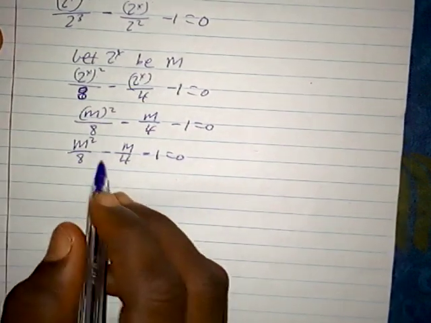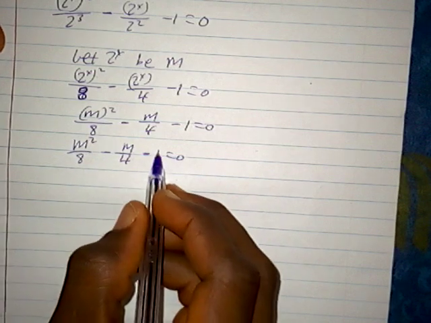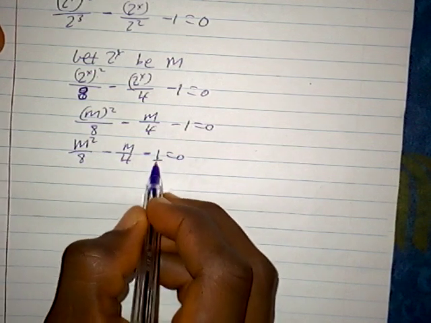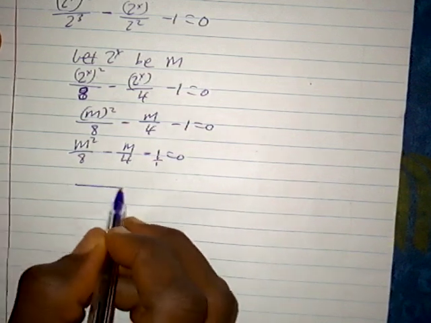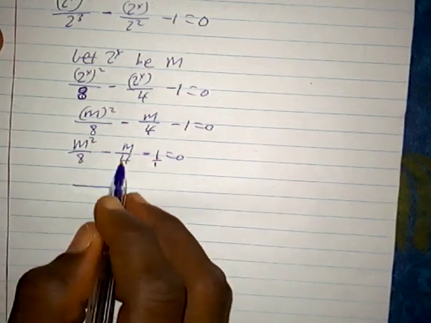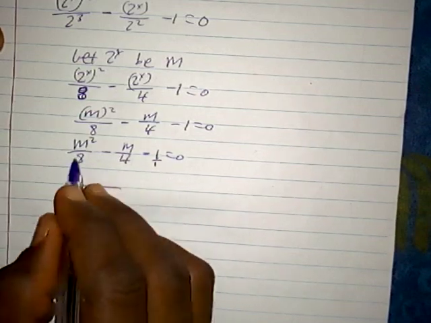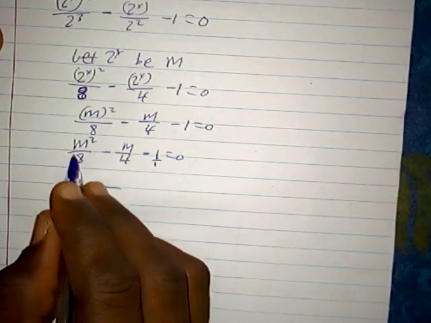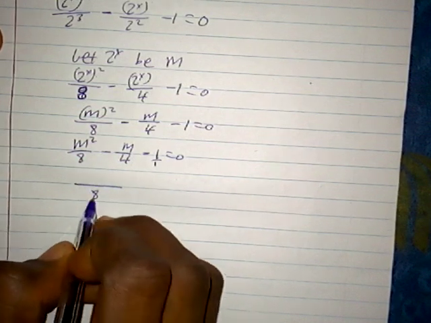We try to remove the fraction, right? By finding the LCM. This is not a fraction, so we make this a fraction by giving a denominator of 1, right? What is the LCM between 8, 4, and 1? It is 8, because 4 can go into 8, 1 can go into 8, and as well 8 can go into itself, right? Good.